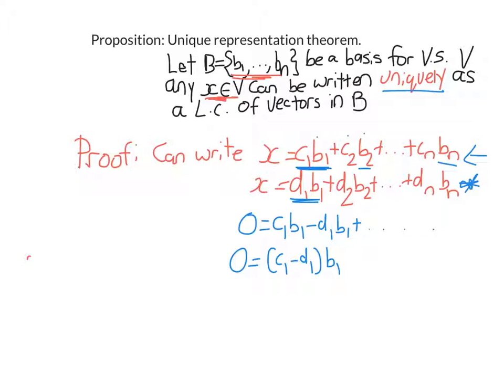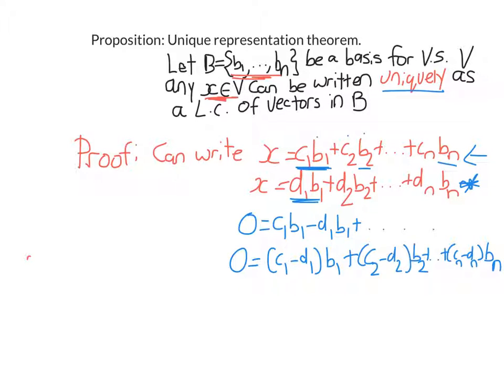So I can do that for all of them. When I subtract the bottom from the top, the next one will be (C2 minus D2) times the second basis vector, and so on and so forth, up to (Cn minus Dn) times the last basis vector. Now, because B is a basis, each of its vectors must be linearly independent, otherwise it's not a basis.